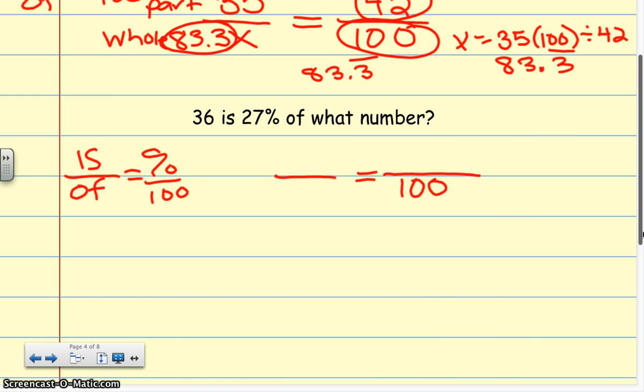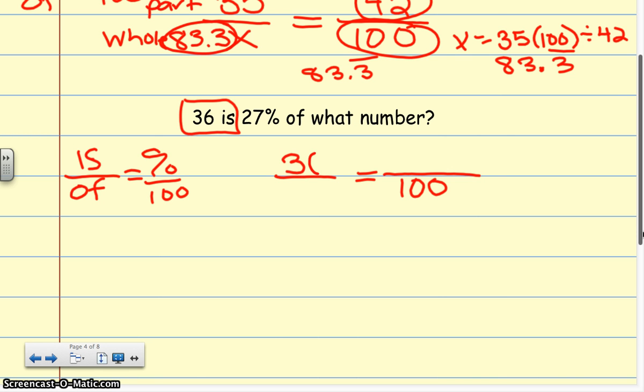So, 36 is 27% of what? What is the 36 connected to? Is, of, or percent? Is. Does is go on top or bottom? Top, right?